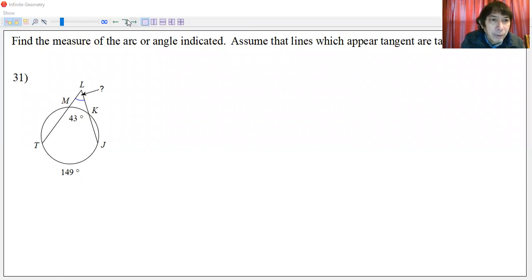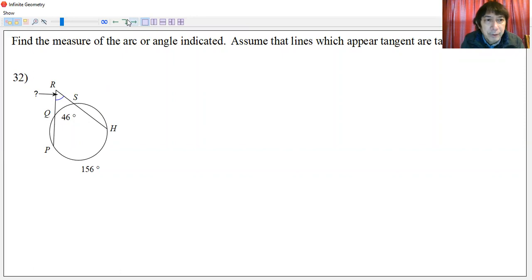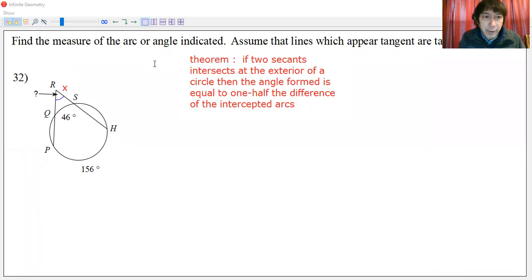Here's number 32. Let's mark our angle with a question mark. Let's just label it X for a simpler solution. So we have two intersecting secants here.